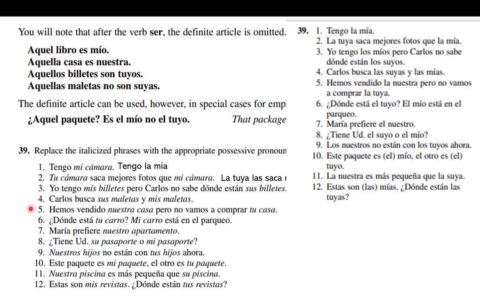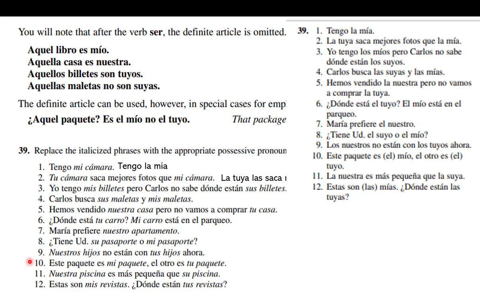Hemos vendido la nuestra, pero no vamos a comprar la tuya. ¿Dónde está el tuyo? El mío está en el parqueo. María prefiere el nuestro. ¿Tiene usted el suyo o el mío? Nuestros hijos o los nuestros no están con los tuyos ahora.